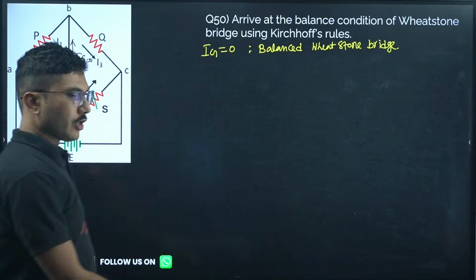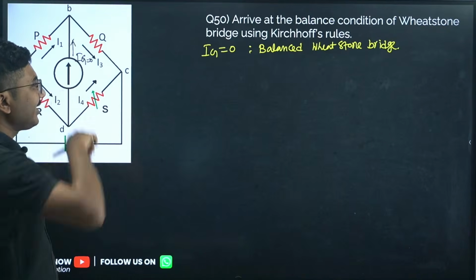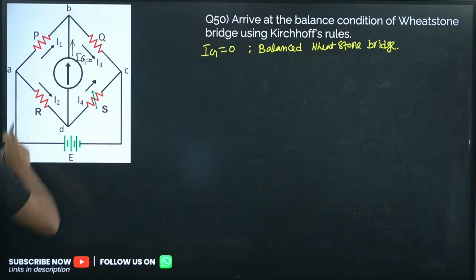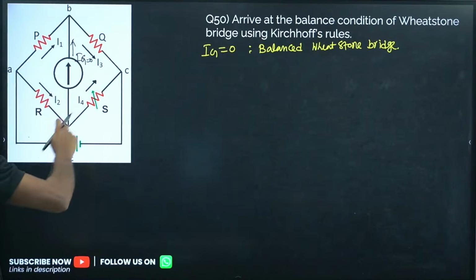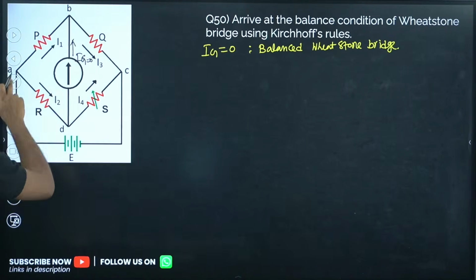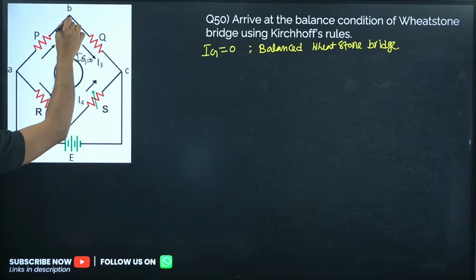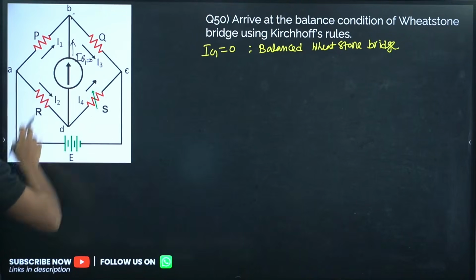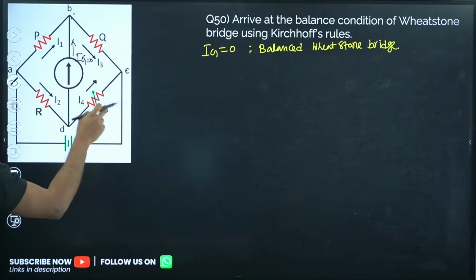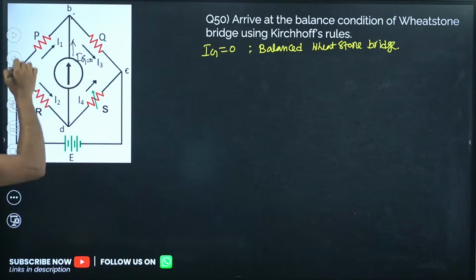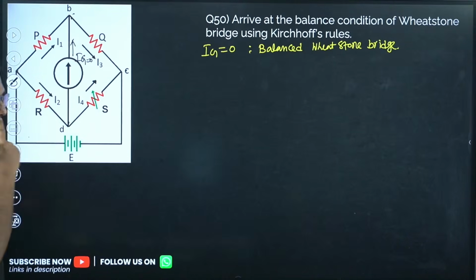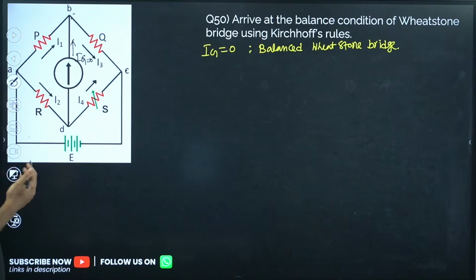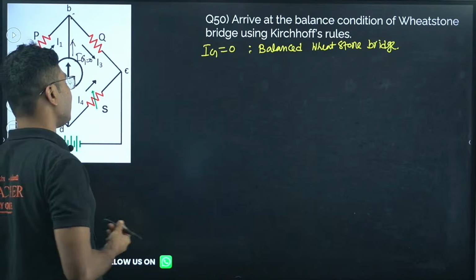Now the next part is you have to take any two closed paths, ABDA and BCDB. This is a closed loop, this is a closed loop, so I can apply Kirchhoff's voltage law in both cases, and correspondingly we can find the equations.